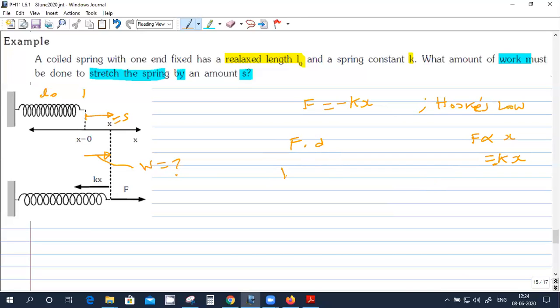We take a small interval, F dot dx, and then find the work by integrating F dx. Now F is kx.